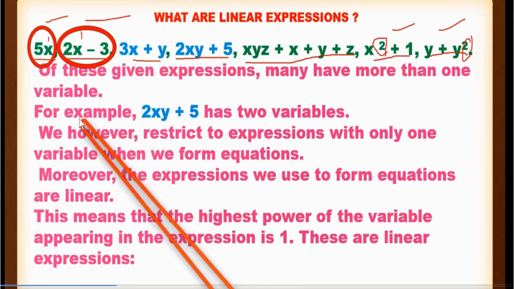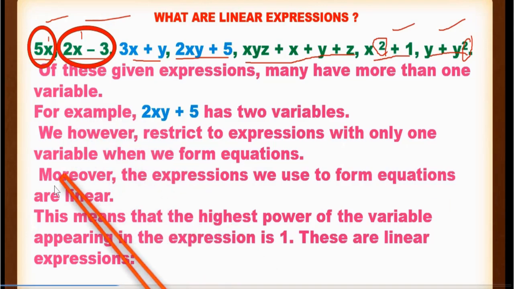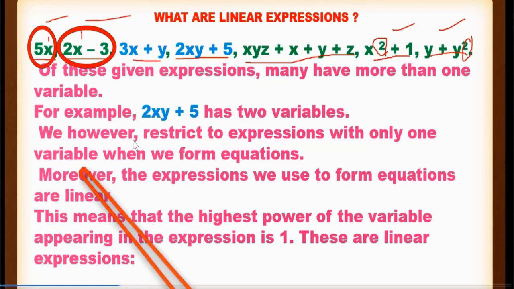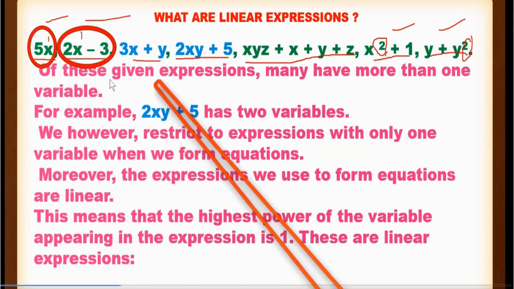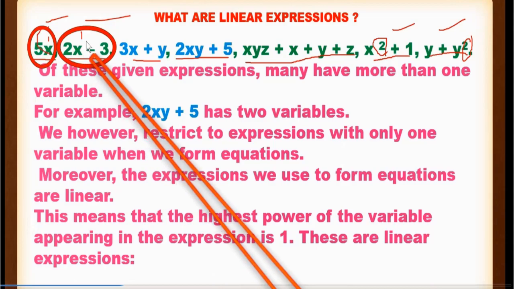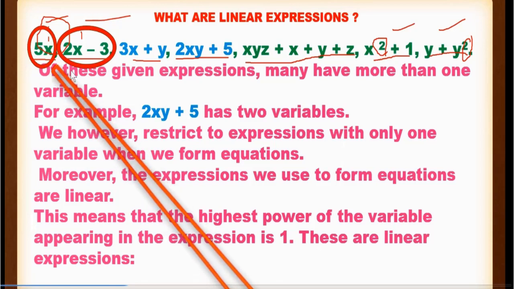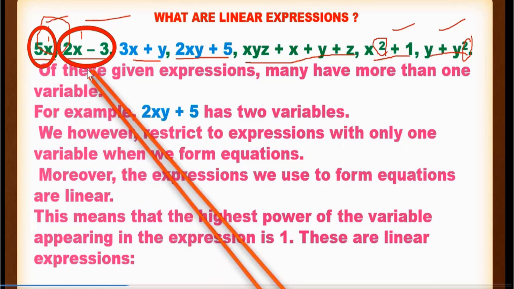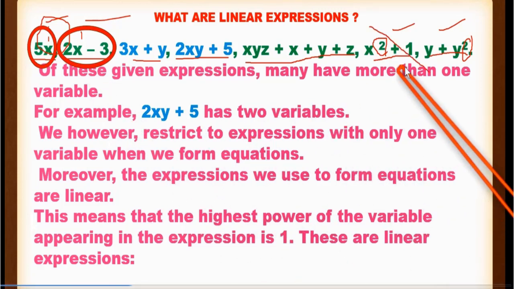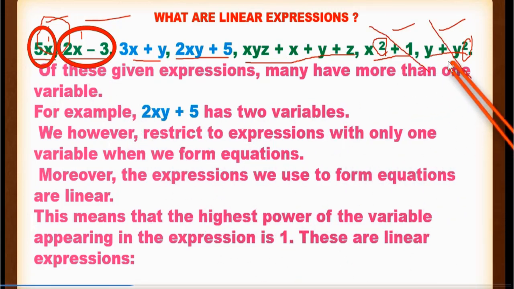Now, what are linear expressions? Linear expressions are those in which the highest power of the variable appearing in the expression is 1. So, in this case, 5x and 2x minus 3 are linear expressions. x squared plus 1 and y plus y squared are not linear expressions.